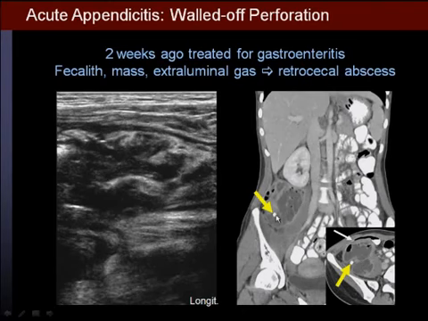This mass lesion contains extraluminal gas. The mass lesion displaces the cecum anteriorly and corresponds to a retrocecal abscess following perforation, walled off by adjacent omentum or the cecum and so on. So not a free perforation, but a walled-off perforation.